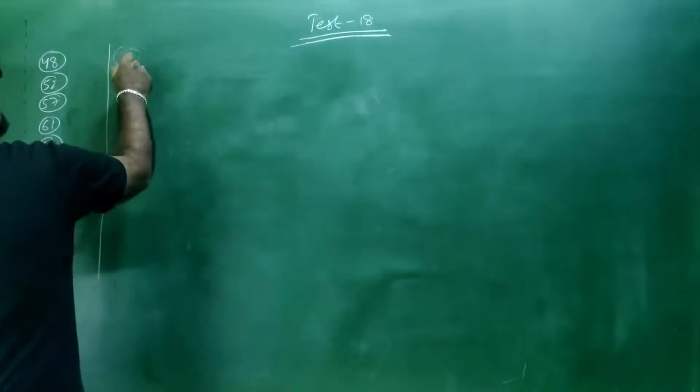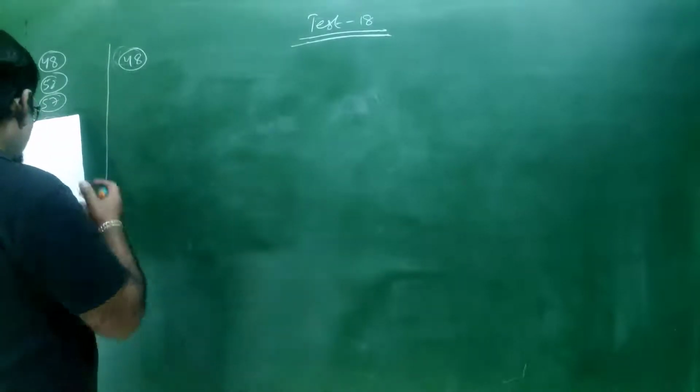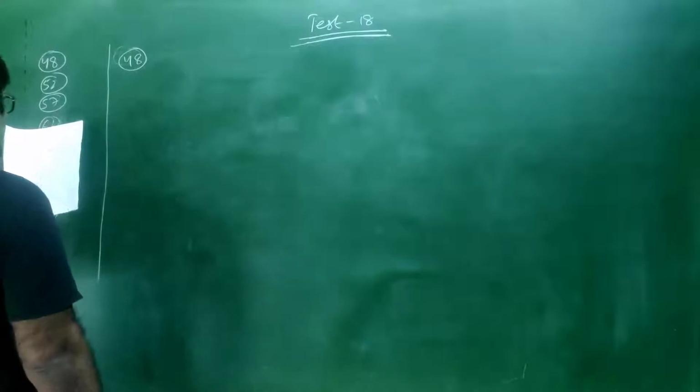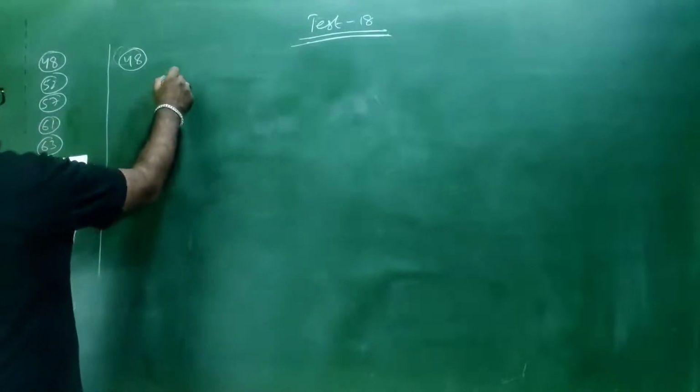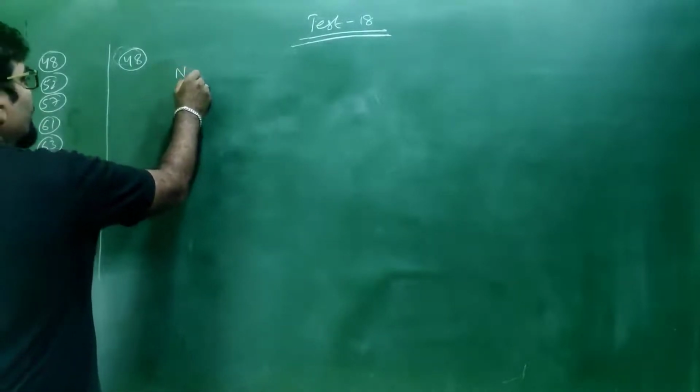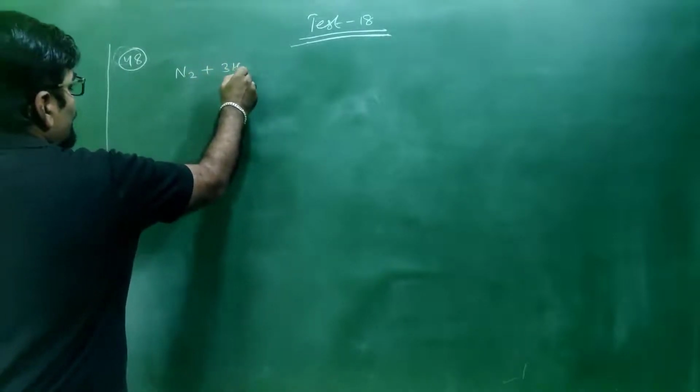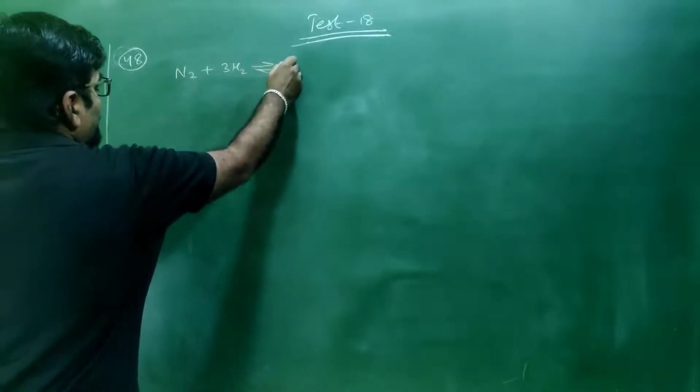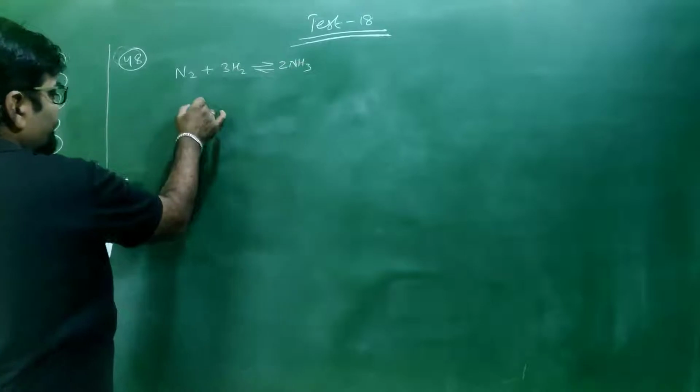See, question number 48 first. For the synthesis of ammonia by the reaction N2 plus 3H2 in the Haber's process, the attainment of equilibrium is correctly predicted by the graph. We have 1 mole of N2, 3 mole of H2, and it forms 2 mole of ammonia.